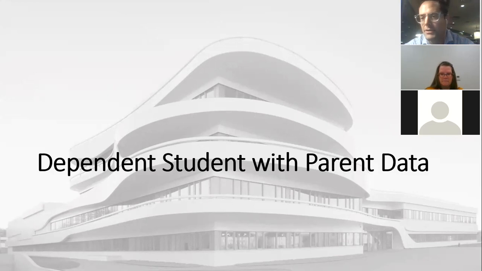The FAFSA will guide you through some questions, and we'll see them here in a second. They will classify your student as either dependent or independent. And what that means is that for a dependent student, they're going to have to report their parents' financial information. For an independent student, the government sees them as the only one that has to pay for college, so they only have to report their own information.